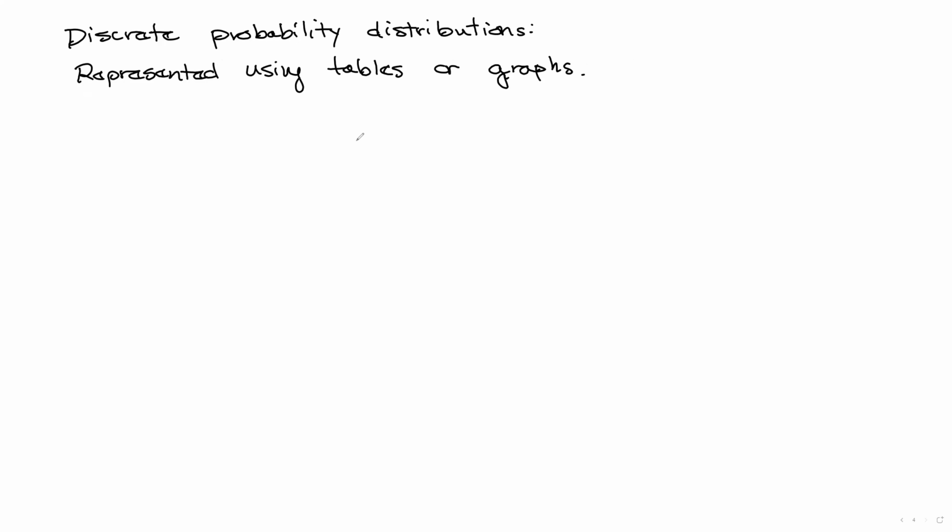We want to list all the possible outcomes. Because discrete data is listable, we should be able to list all the possible outcomes and show the probability of them.